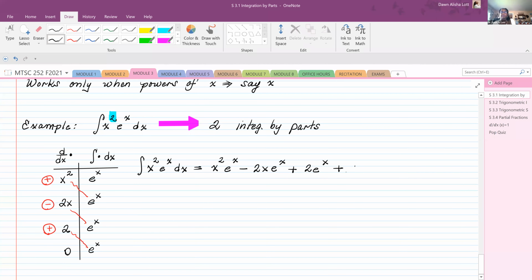So now if I want to solve for the integral of e to the x cosine x, which was my original problem, I just need to divide by 2.